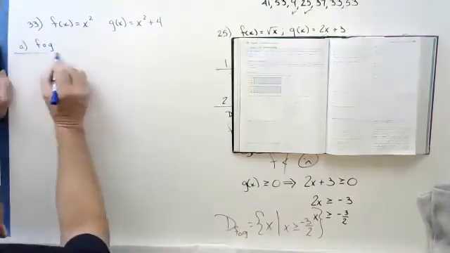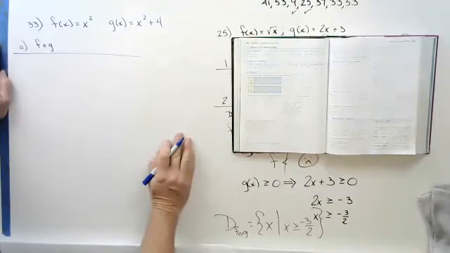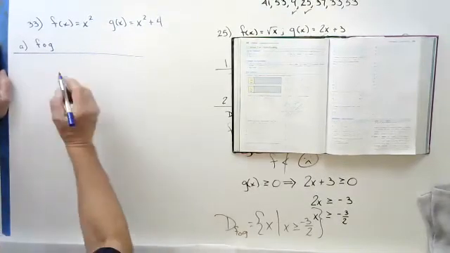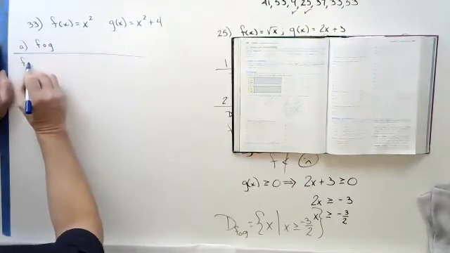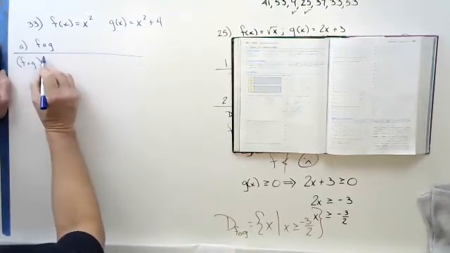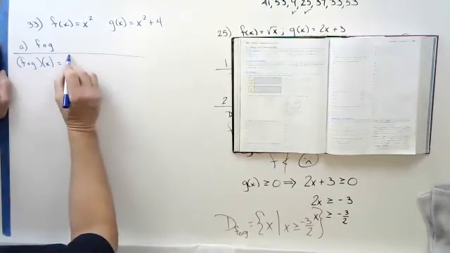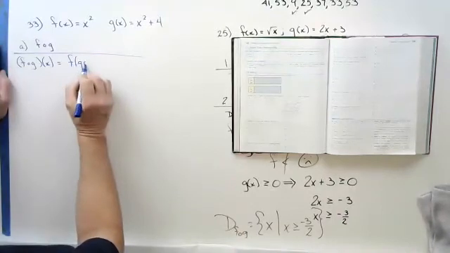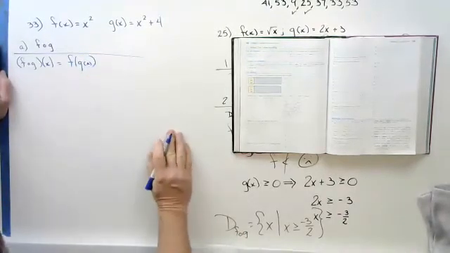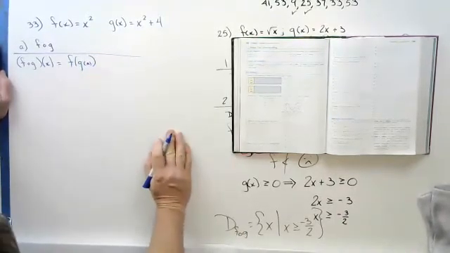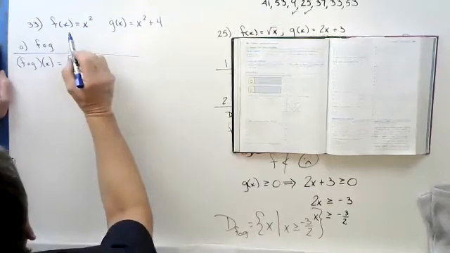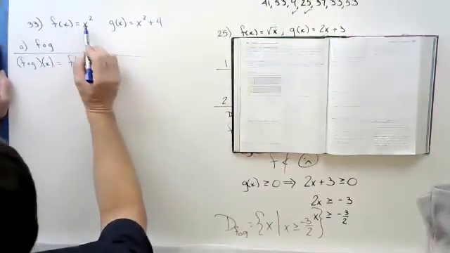That's what they want us to find. Now we know what that means. It means this. F says, whatever you put in here, you're going to square.